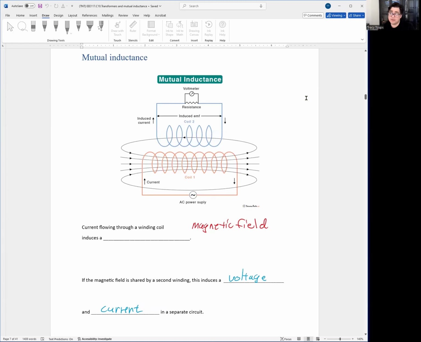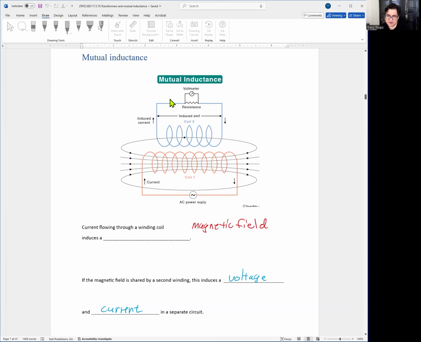And this mutual inductance, by taking two inductors and putting them close together, that's the key that gives us the ability to make transformers. Okay. So a magnetic field is shared by a second coil, a winding, they call it winding, I call it coil, and induces a voltage. This is your secondary voltage right here.